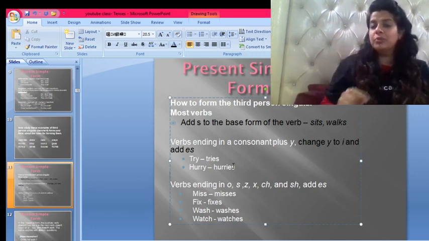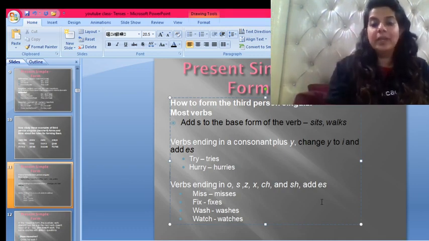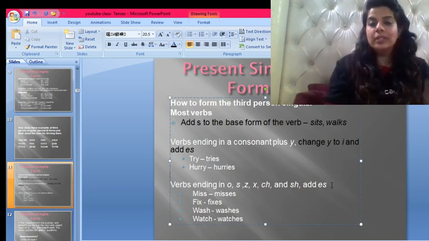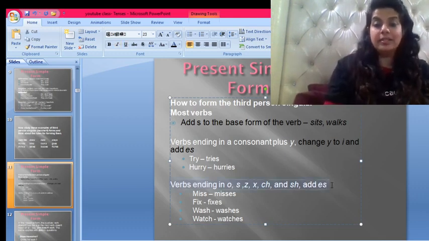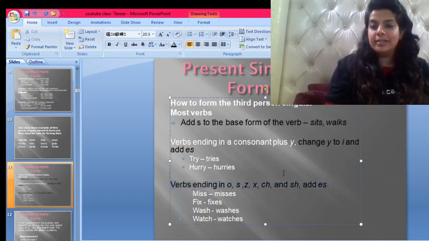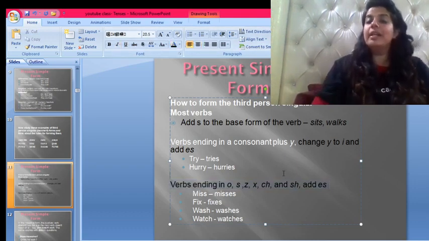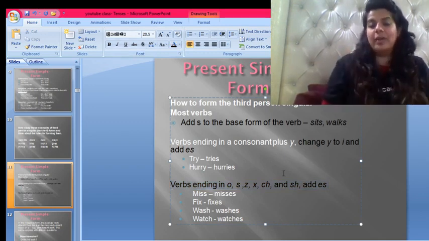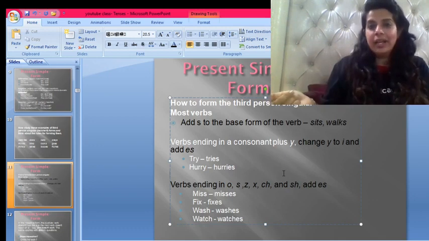All these are used with he, she, it, okay? And the third one, verbs ending in o, z, s, x, ch, and sh. In these cases, we add es at the end.